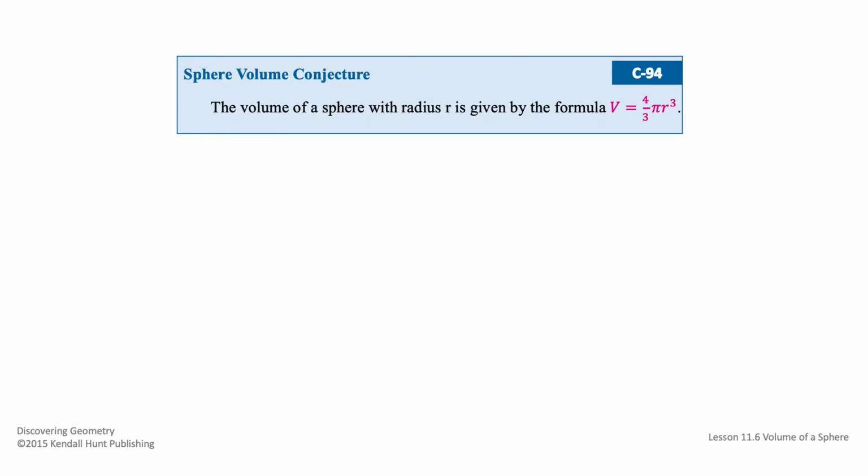This would be more related to how much water it would take to fill up a sphere, or how many marbles it would take to fill up the inside of a sphere. Those are things that relate to volume.